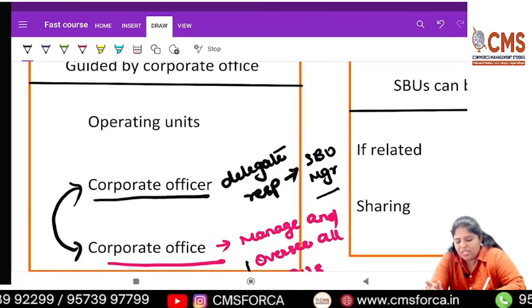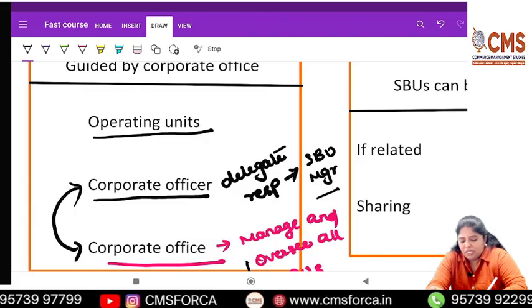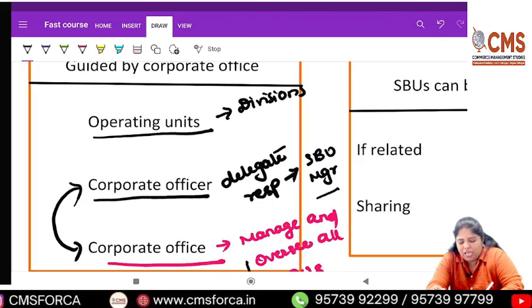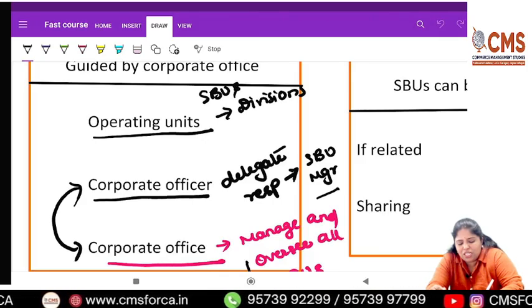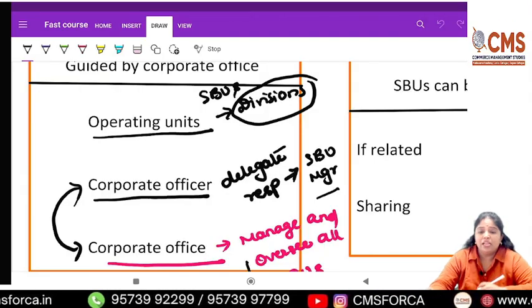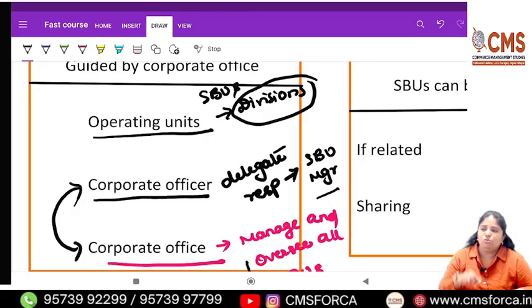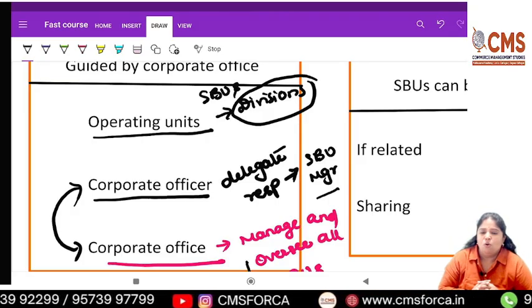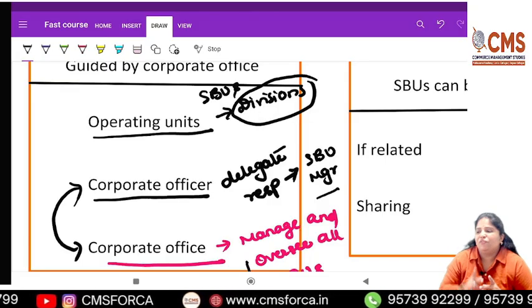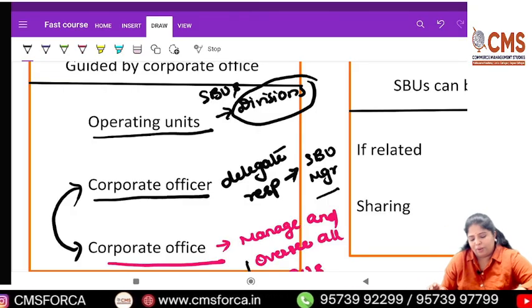And finally, we have operating units. These operating units are nothing but the divisions grouped under the SBU. Clear with the levels? Now, can you quickly tell me what levels we have in the strategic business unit structure? The first level is corporate headquarters.